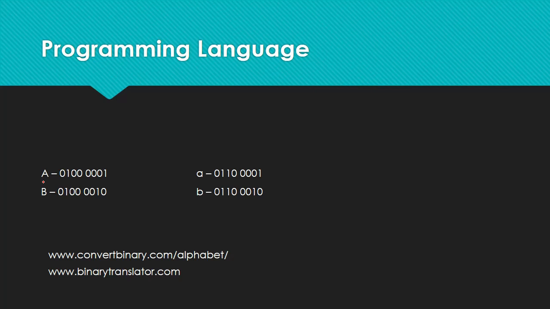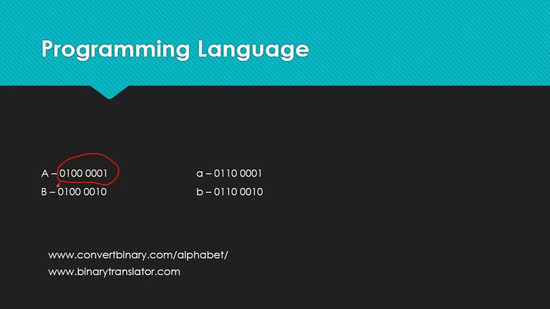However, for us to be able to understand what A is, it has to translate this binary code equivalent to the letter A. So whenever our computer reads this value, it interprets that value and shows this character so that it has meaning for users like us, because normally we don't know what the value of these binary codes is. Okay?